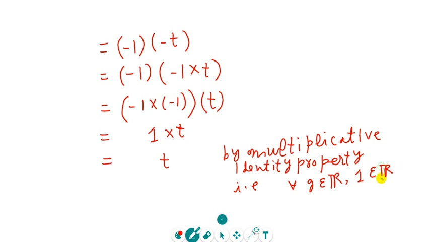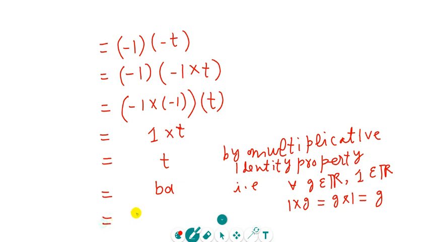It belongs to the set of real numbers. So 1 multiplied by g is equal to g multiplied by 1, which will be equal to g again. So by multiplicative identity property we can write 1 into t is equal to t. Here we have already supposed t is equal to ba.